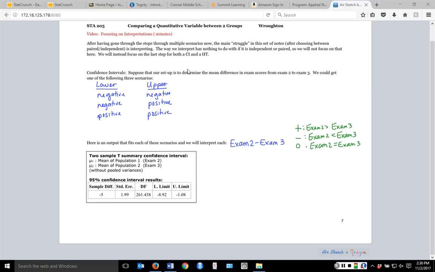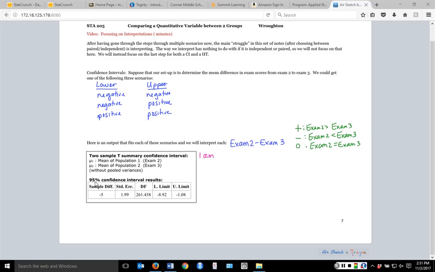So in our first situation here, what you'll notice is my lower limit is negative, and my upper limit is negative. Now if I look at what negative numbers tell me, it tells me that exam 2 is smaller than exam 3. So that's how I'm going to want to interpret this. Each of our interpretations starts the same. Here's my confidence level, 95%.